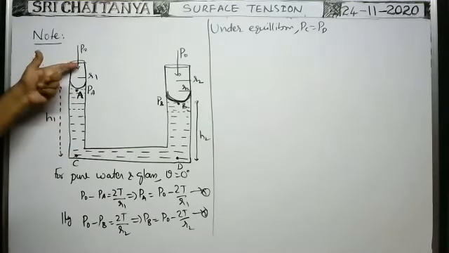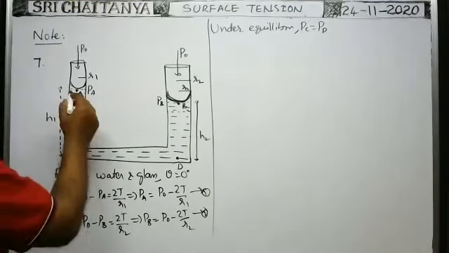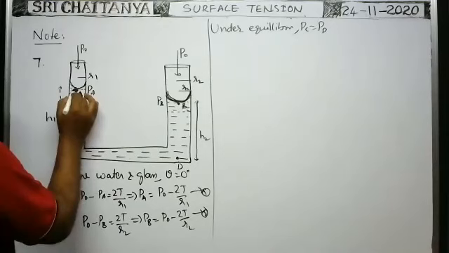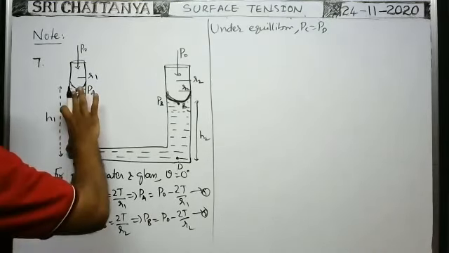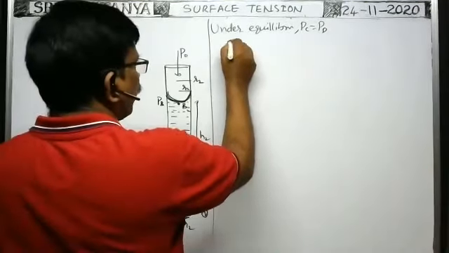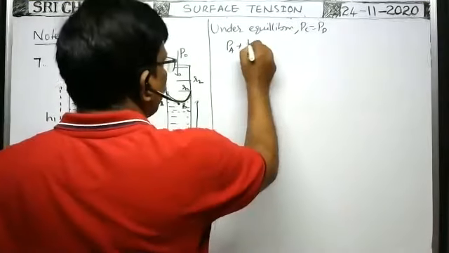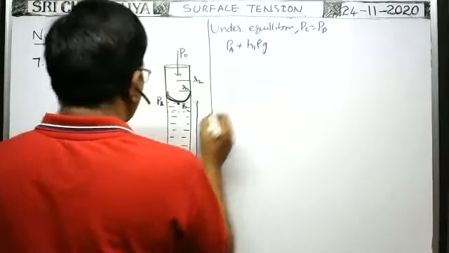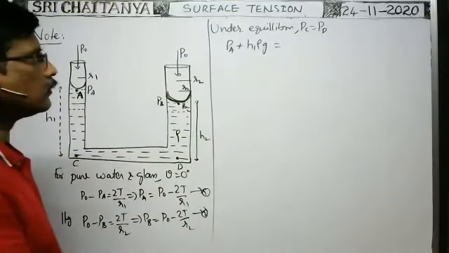Here we should not consider P naught again, because we already included it when calculating the pressure at A. So the total pressure at this point is PA plus the pressure due to the height of the liquid column, H1 times rho times g, where rho is the density of the liquid. That is equal to the pressure at D.